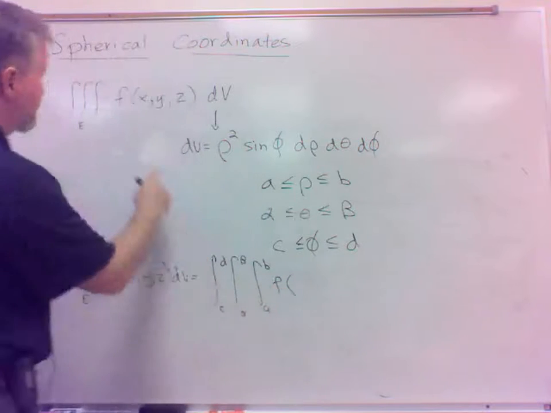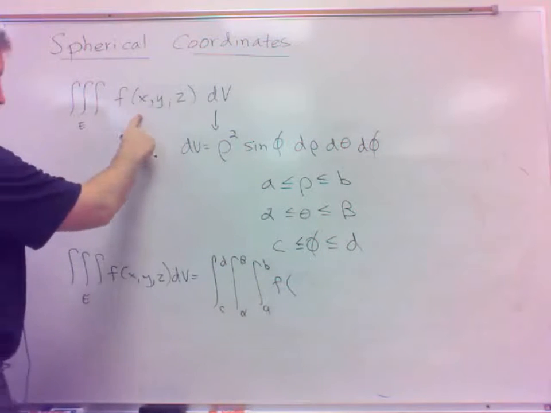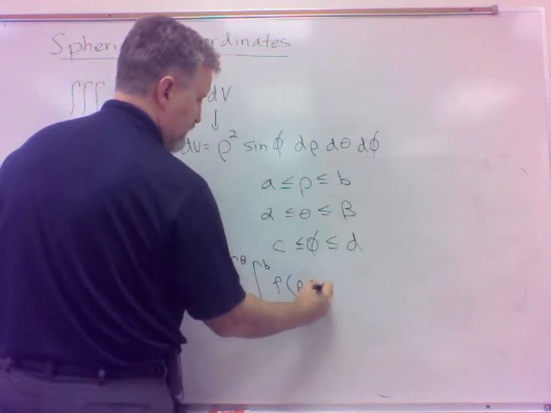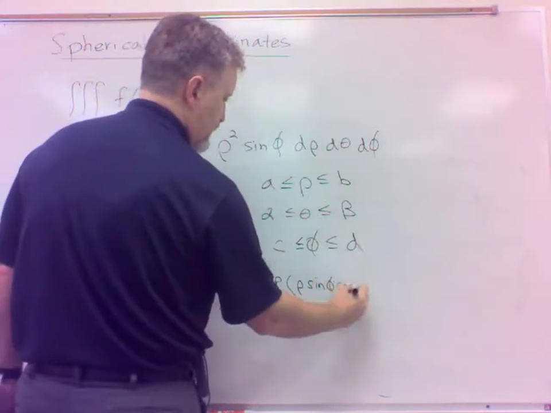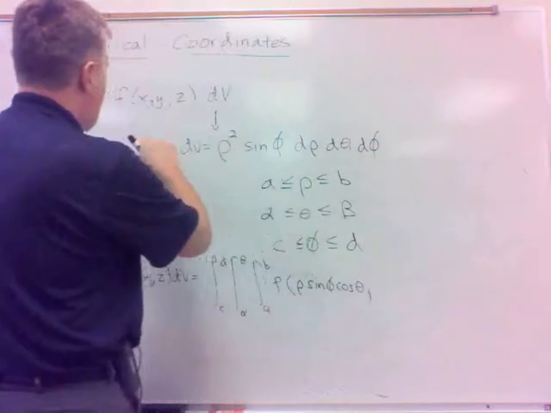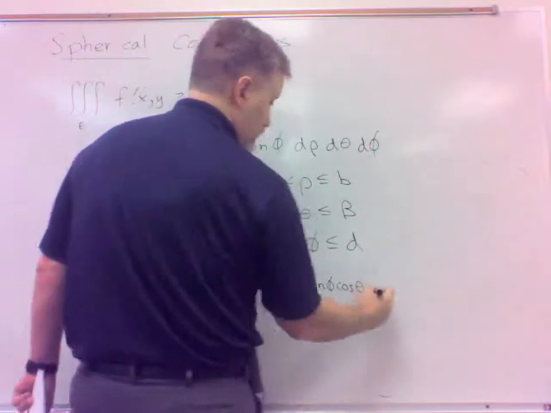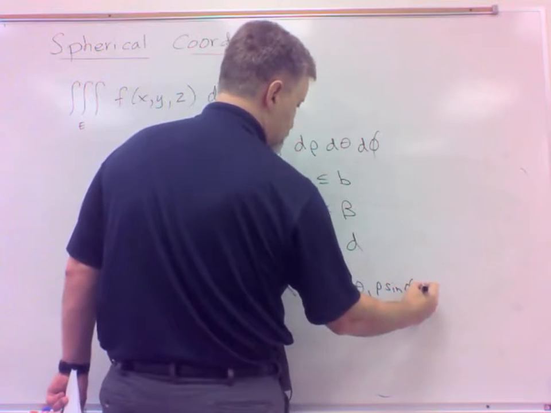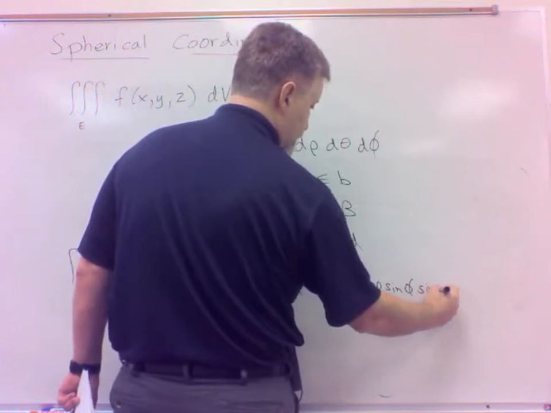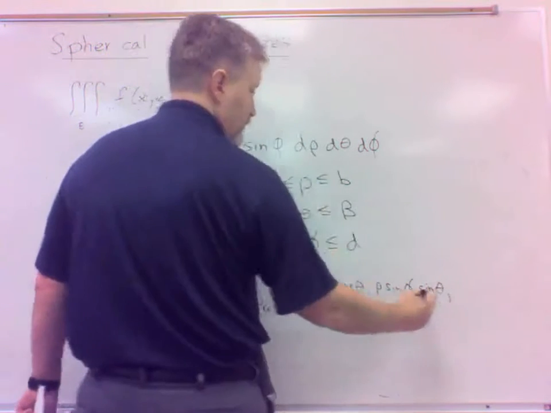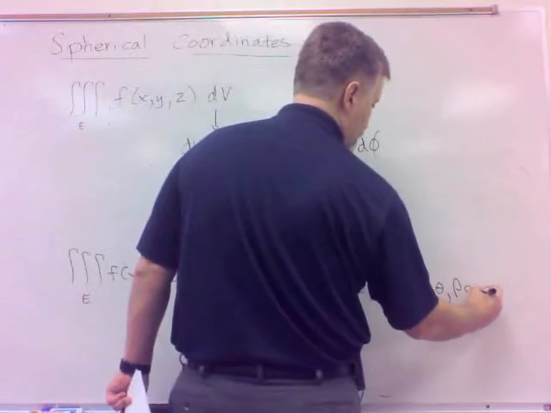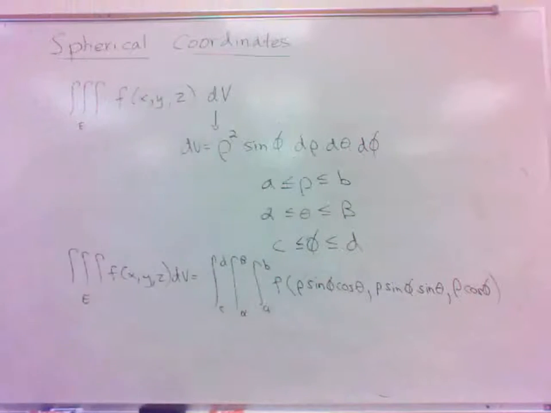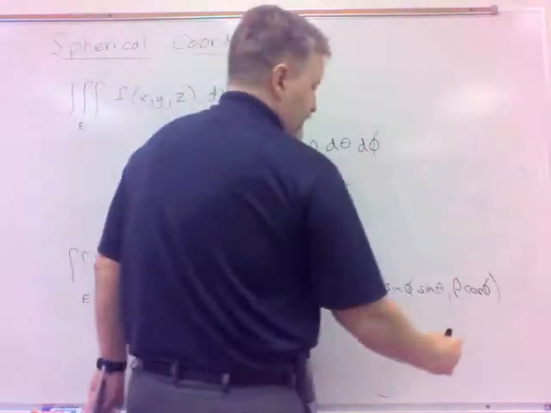Now, because of the conversions, we know x is r cosine theta, so that would be rho sine phi cosine theta. Y is r sine theta, so it would be rho sine phi sine theta. And then z is rho cosine phi. So based on those conversions, convert your f to whatever function that is.